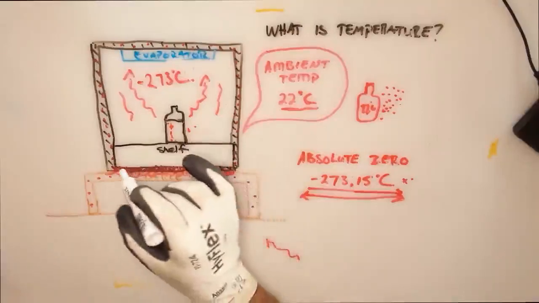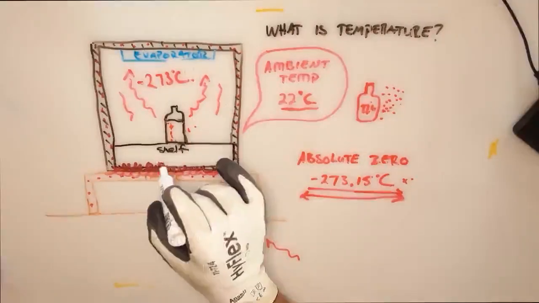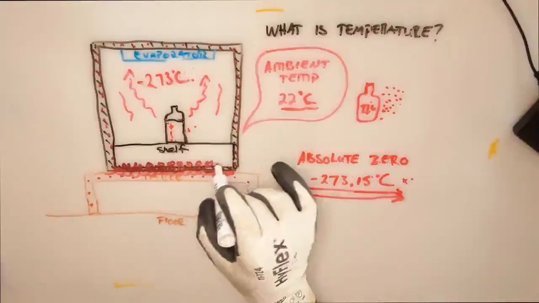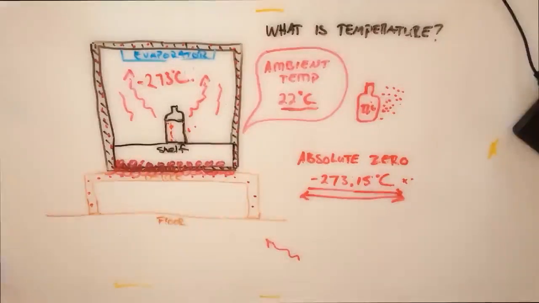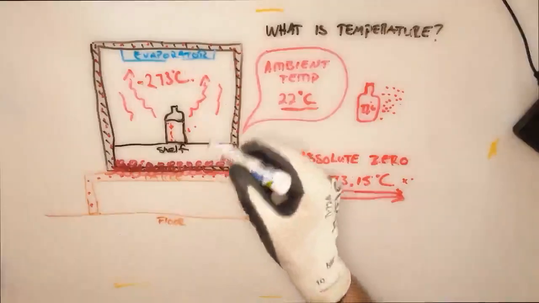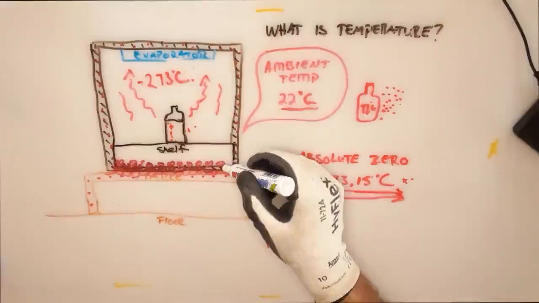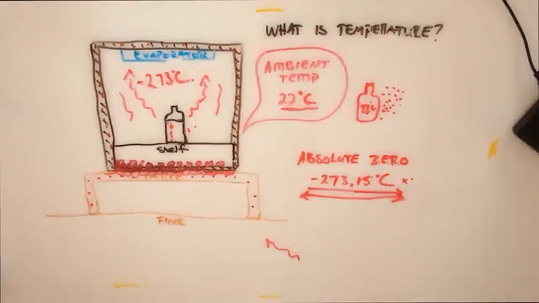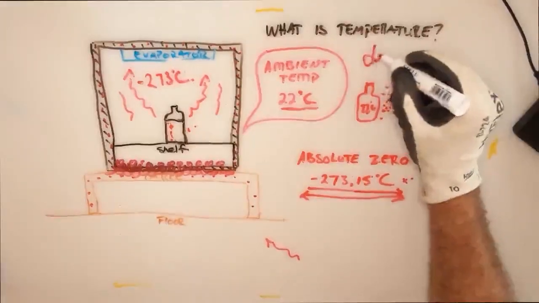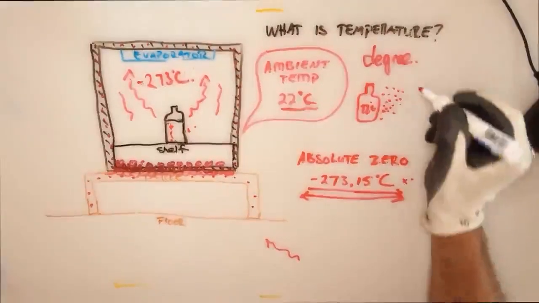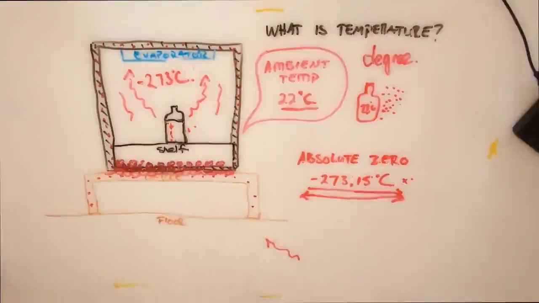So at some point we're always going to get some sort of influence of atoms which generate heat. These heat transfers will come in the form of conduction or radiation in this example. So just to recap, temperature is effectively the degree at which atoms are moving and vibrating.